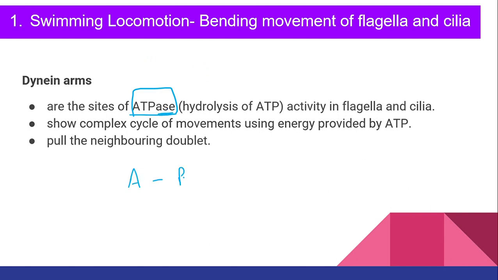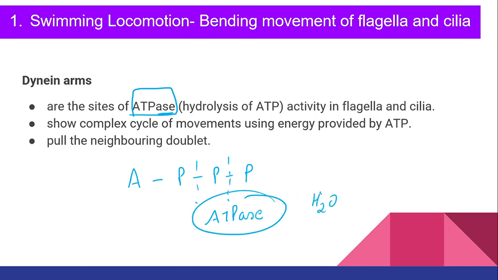So the adenosine triphosphate bond will be broken down by the enzyme ATPase, which utilizes water. In the presence of water, ATPase breaks the bond from ATP, and this releases the energy for attachment and detachment of dynein, which causes the sliding movement of doublets. Right? I hope this is clear to you.